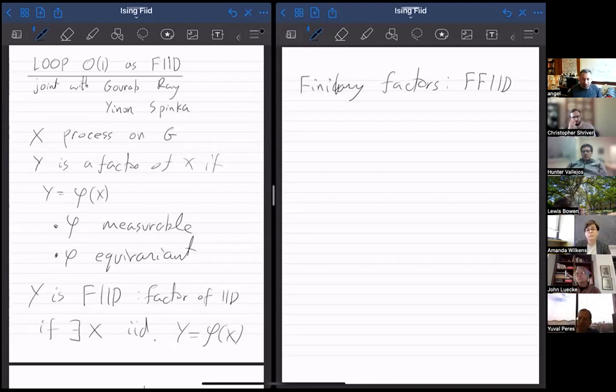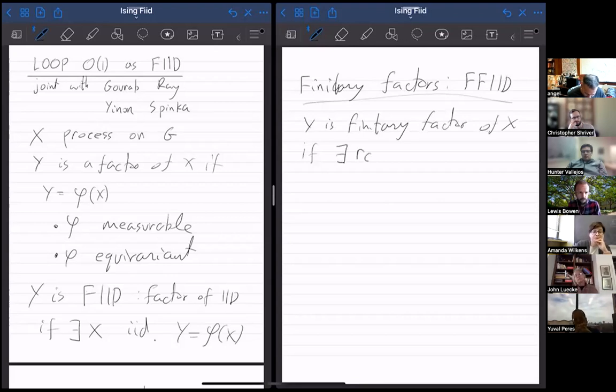The precise statement is that Y is a finitary factor of X if there exists some r, it's allowed to be random, such that phi of X is determined by X restricted to the ball of radius r.